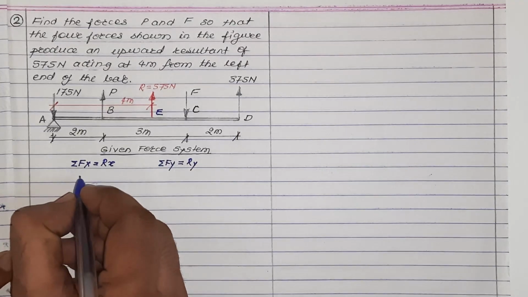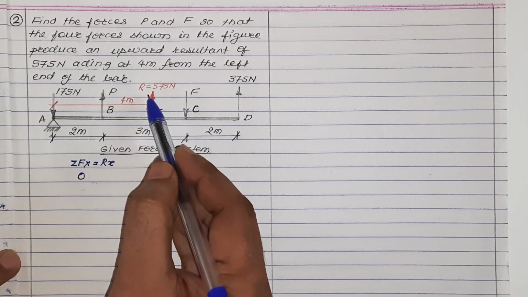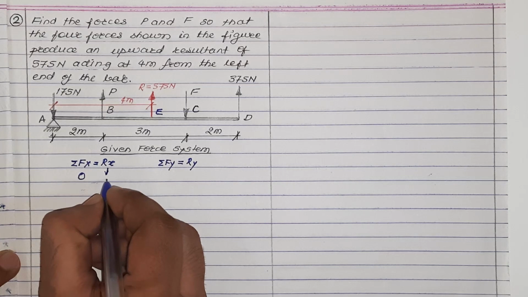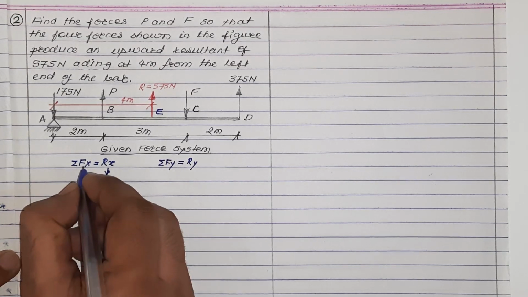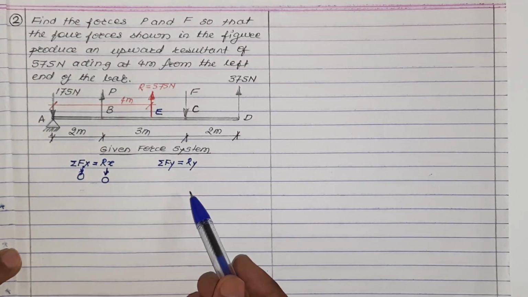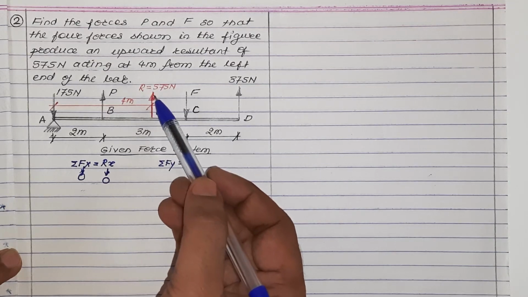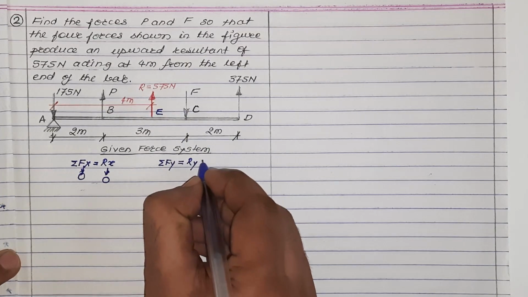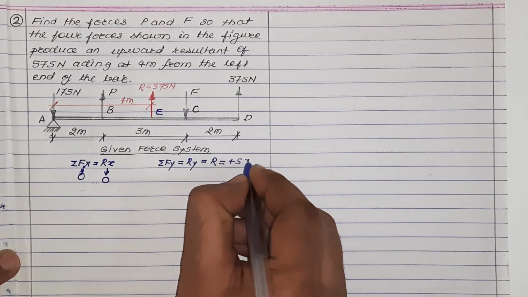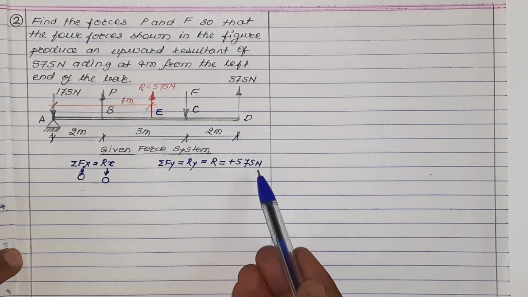Hence, summation Fx will be 0. At the same time, the resultant force is vertically upward, hence its x component will also be 0. Therefore, Rx will also be written 0 along with this summation Fx. What about summation Fy? Forces are acting vertically, and the resultant is also acting vertically. It is going upward. Hence, this Ry is nothing but R, which is equal to positive 575 Newton. So we have to write down this equation first.